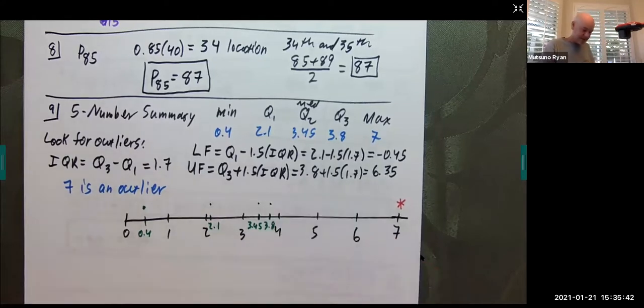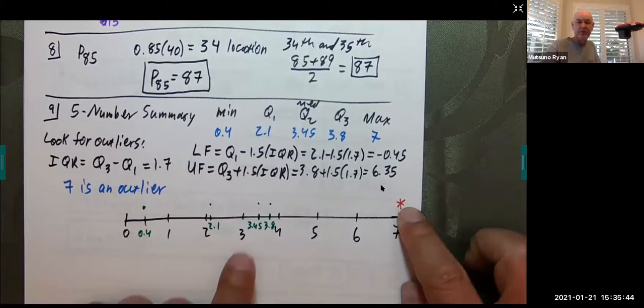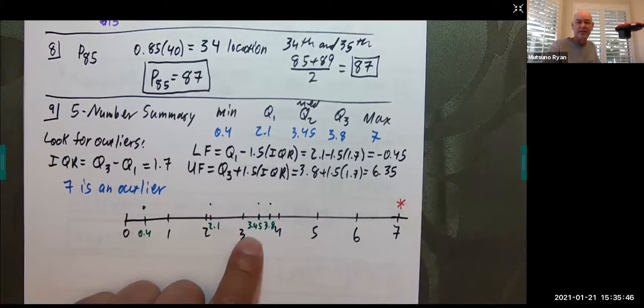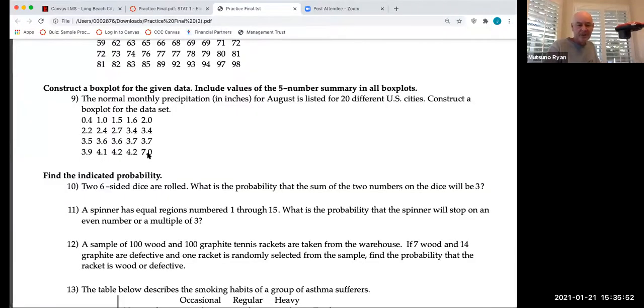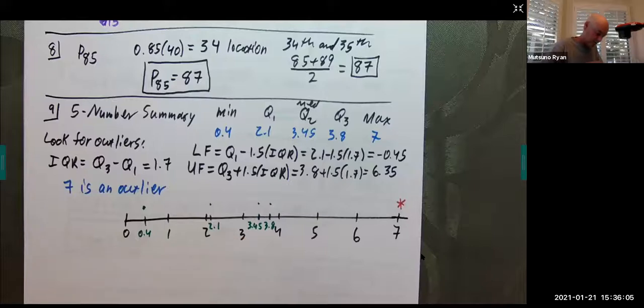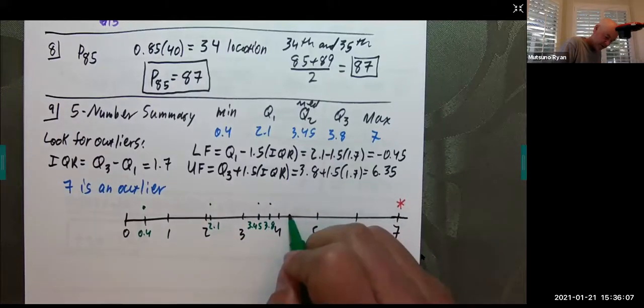Now, I can't use 7. It's an outlier. So what I'm going to do is I'm going to go back to the data, and I'm going to note that the next number that's below my upper fence is 4.2. So that's going to be my last dot on my graph, 4.2. So 4.2 is about here.